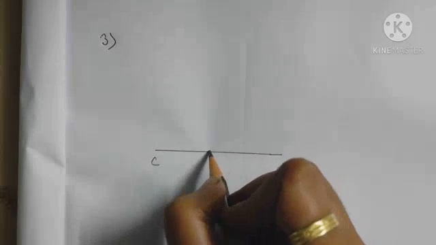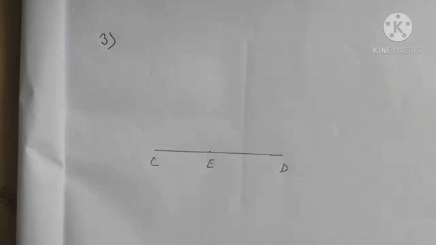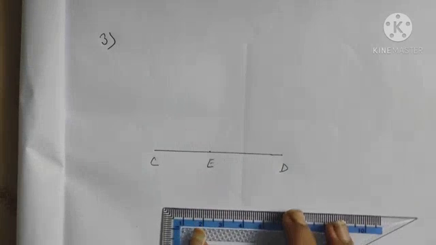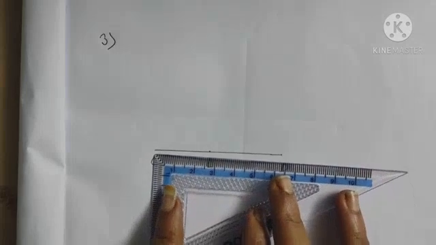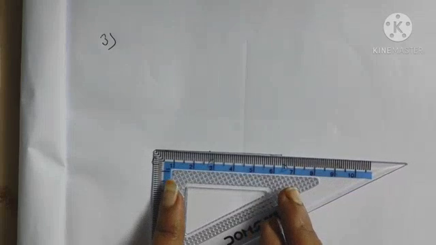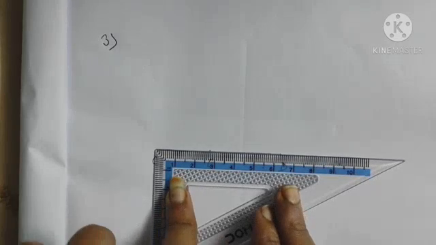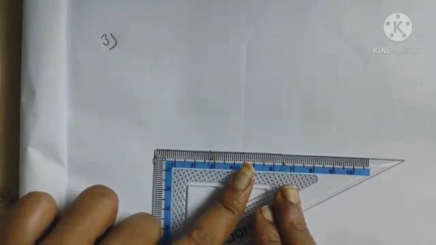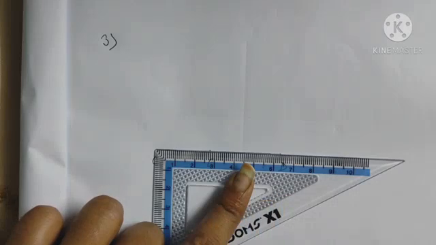I'm marking here E. Now here first we place the edge of the set square coinciding with CD, with the line CD, and hold it so that it won't get disturbed. We have to hold it tightly.